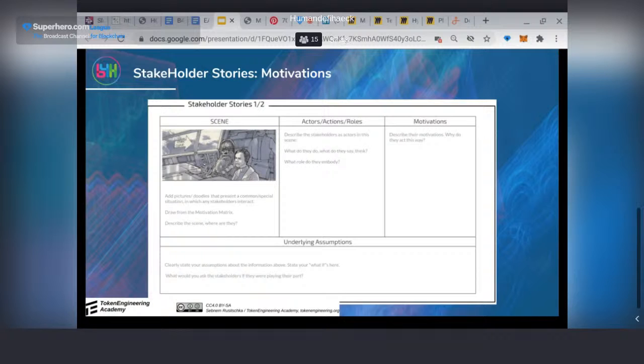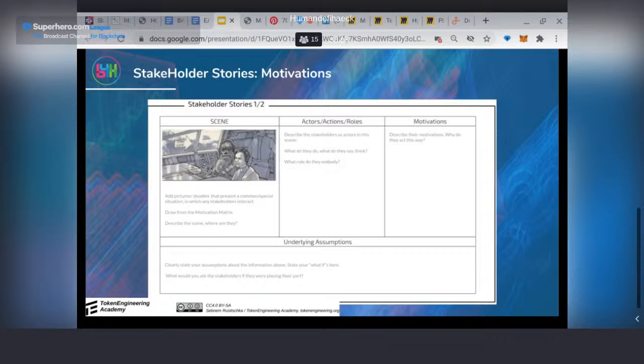So don't be very strict. This is just a recommendation. Focus in the beginning on making those stakeholder stories that you find more meaningful and more relevant to continue your work.